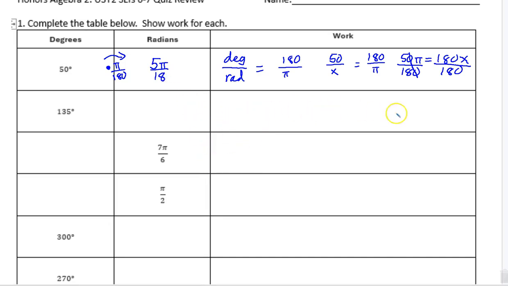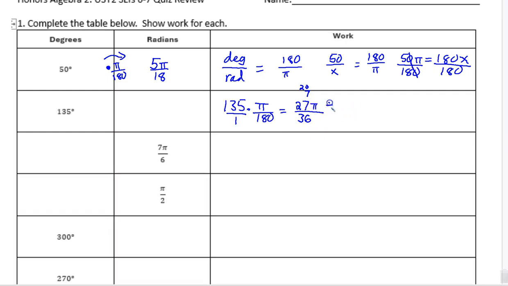I'm going to do the next one simply by multiplying by pi over 180. So I've got 135 times pi over 180. Now, nothing's divisible by 10, so that's annoying, but they are both divisible by 5. So if I divide this by 5, I will get 27. 180 divided by 5 is 36, so I get 27 pi over 36.